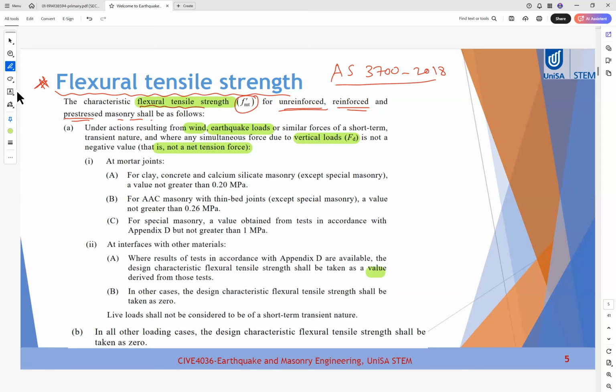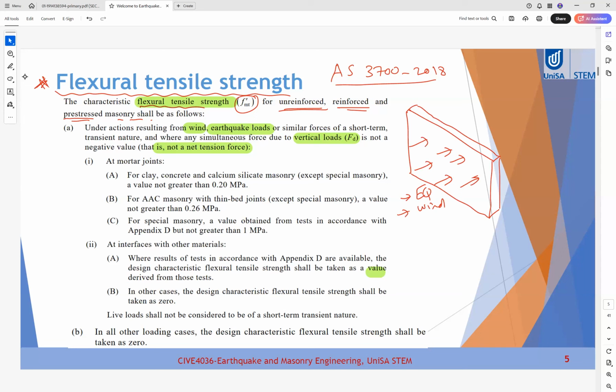Just to interpret that, if we have a wall and we have some horizontal or lateral loads from earthquakes or wind or any similar short-term force, and we have a vertical force F_d, but this force is compression, not tension, the capacity will be according to the following.